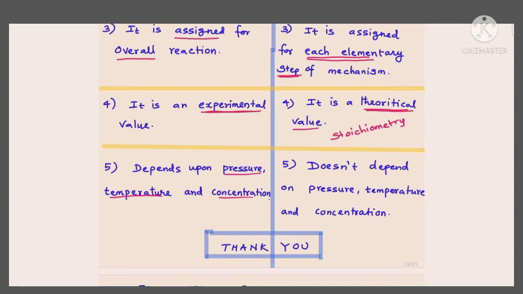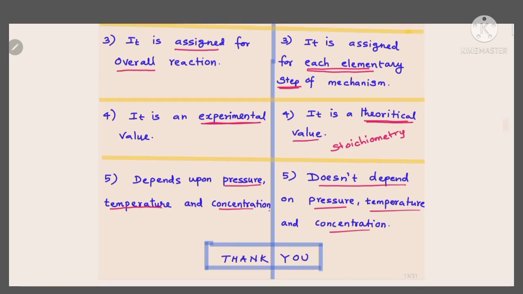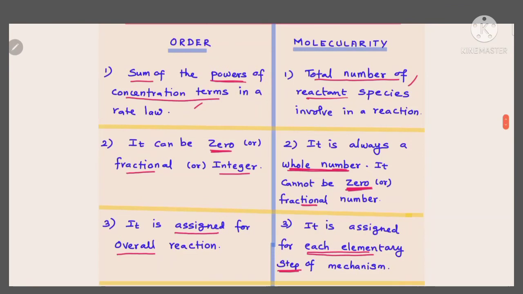A higher order can be reduced to a lower order by using an excess concentration of one of the reactants, isn't it? So the order can be influenced by concentration. Likewise, pressure and temperature also affect the order. Whereas molecularity does not depend on those three factors: pressure, temperature and concentration. Okay, so these are some differences between order and molecularity.